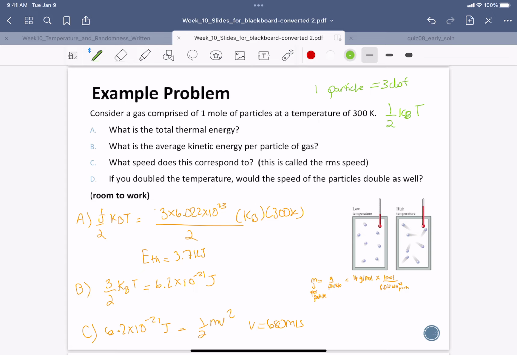So if I have 3 degrees of freedom, then 3/2 kBT is the average energy per particle, because one particle is 3 degrees of freedom. So the distinction comes per particle versus per degree of freedom. Average energy in 1 degree of freedom is 1/2 kBT, and 3 of them is 3/2 kBT.